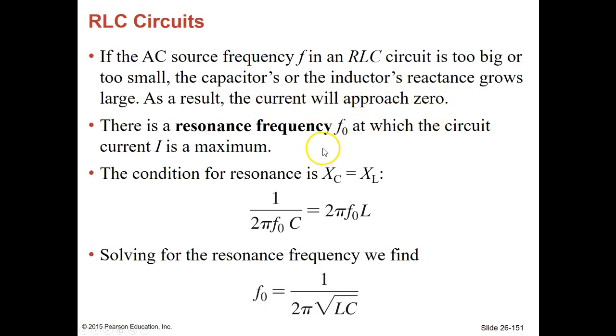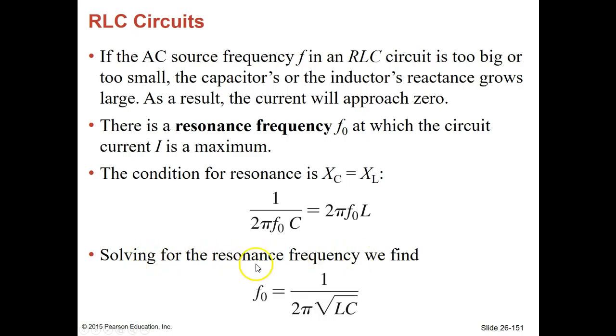So there's a resonance frequency where that current I is at a maximum, and the condition for resonance means that the reactance of the capacitor should be equal to the reactance of the inductor, and we had defined each one: 1 over 2 pi f times the capacitance is equal to 2 pi f times the inductance of the inductor.